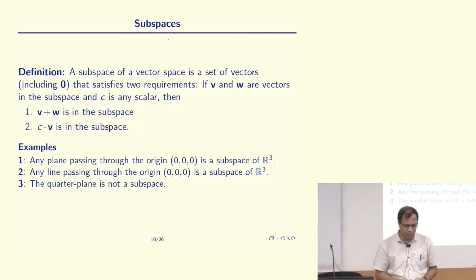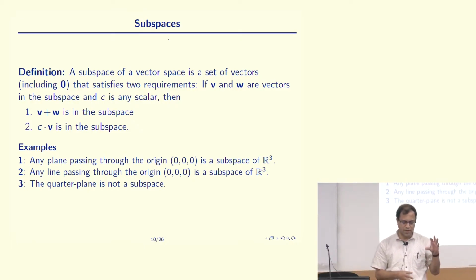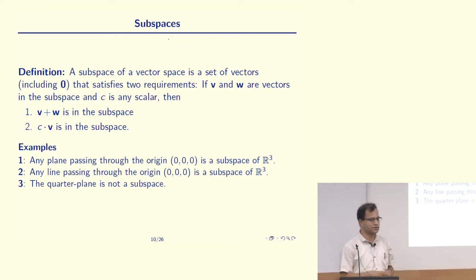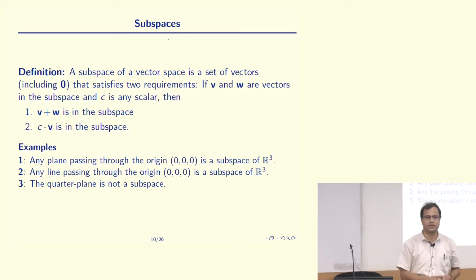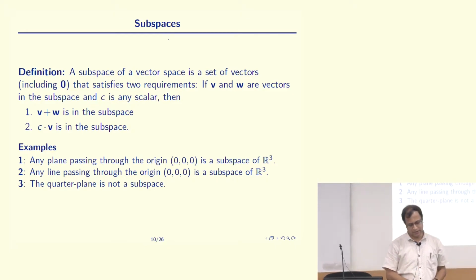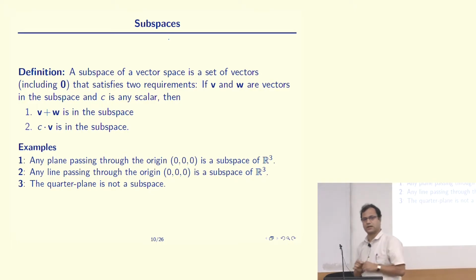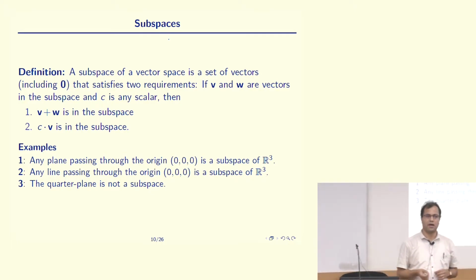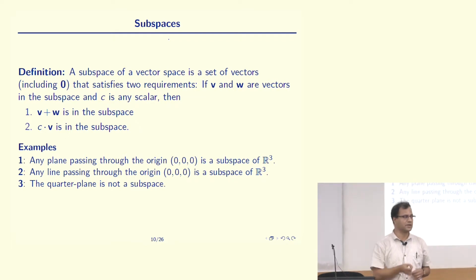More formally, if we are given a set of vectors, it should always contain the zero vector, otherwise it will not satisfy the properties of a vector space. If you consider two elements from that subset, their addition should again be a vector that lies in that subspace. And the scalar multiplication of any vector from that subset will again be in the subspace.